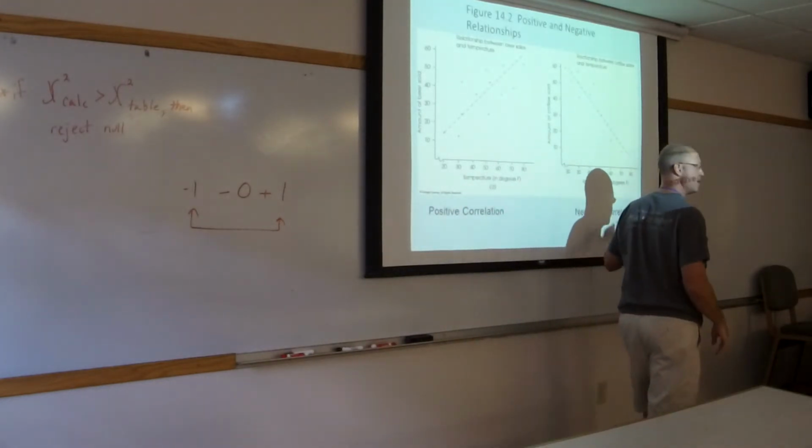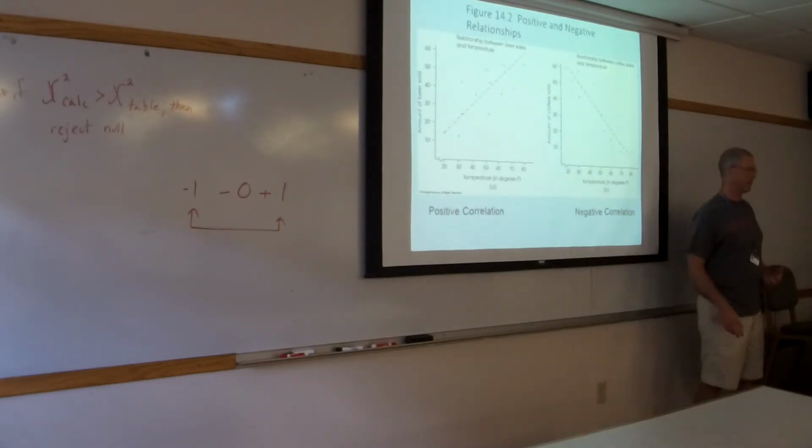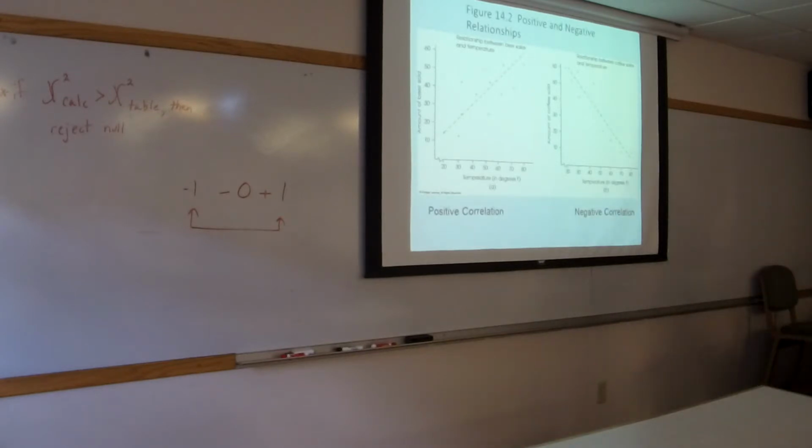This is the one people mess up sometimes because they think about a negative, like a negative effect or cause or something. Negative correlation just means as one thing gets bigger, the other gets smaller. Coffee sold versus temperature: as the temperature goes up, the amount of coffee sales goes down.